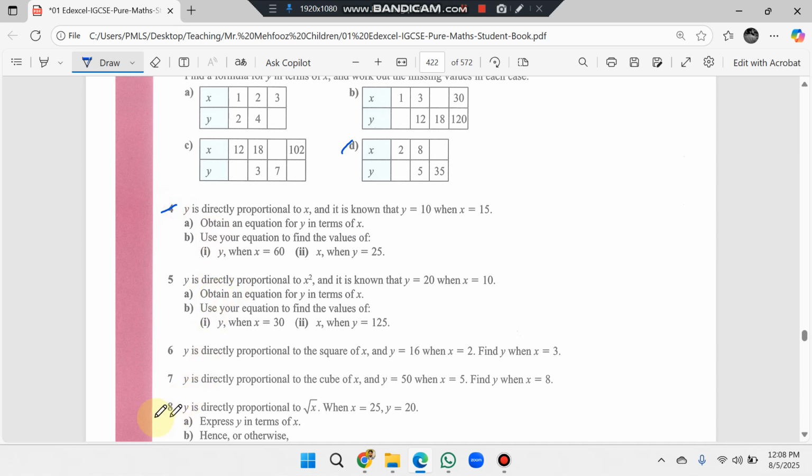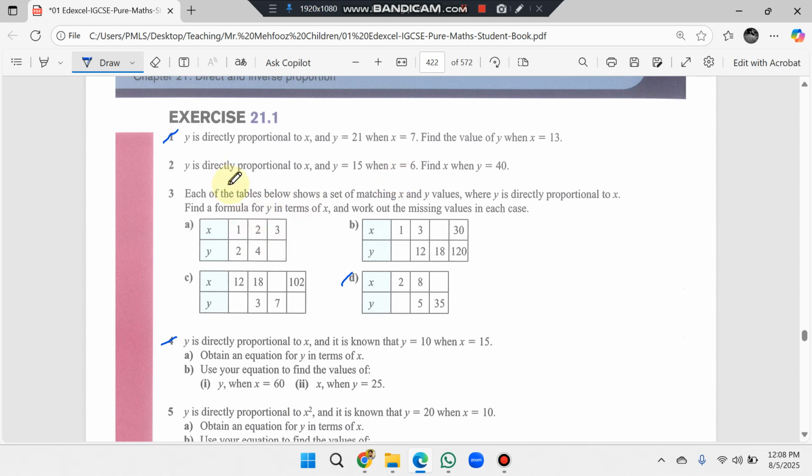question number 8, right? And you can see that in question number 3, each table below shows a set of matching x and y values where y is directly proportional to x. So you can write it as y equals k times x. Now you can see that in this part two values are given.